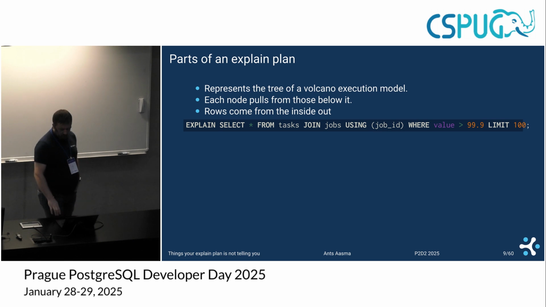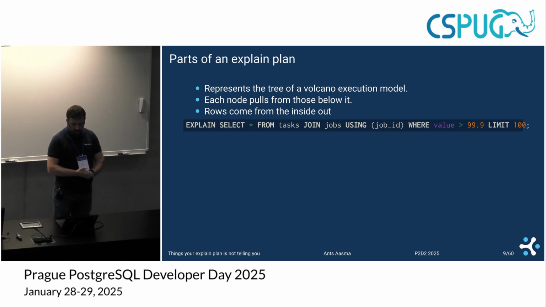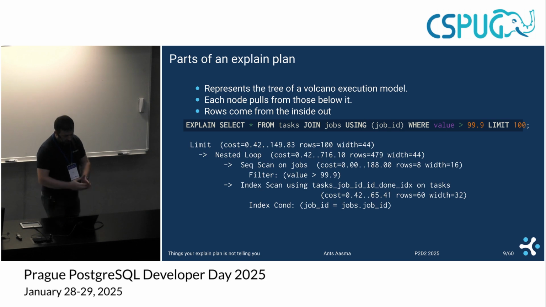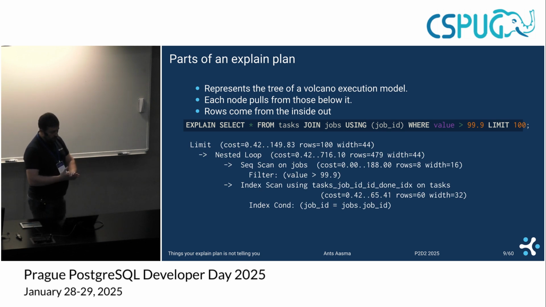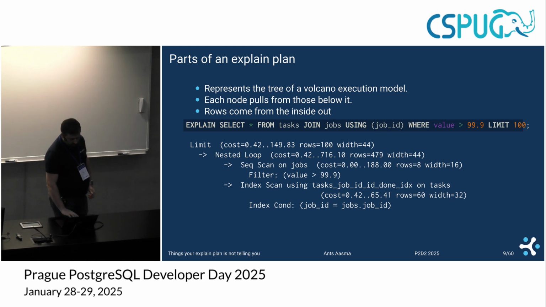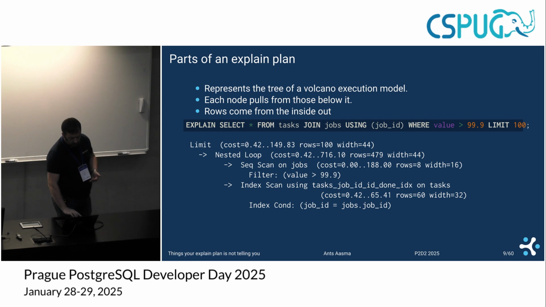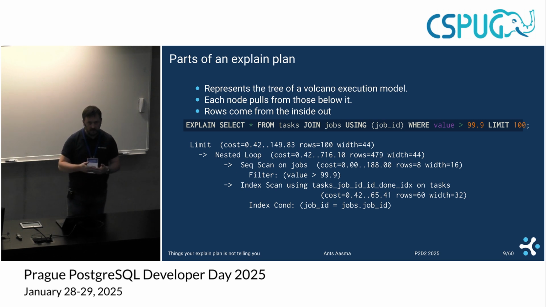Just to show you what it looks like, here we have a simple query. We are just joining a couple of tables, have a where clause and a limit there, and tell Postgres to explain it to us. It comes out with this type of structure, and you read it by going from the top down. When we start to read the data from this query, we first ask the topmost node, which is the limit node, to give me a row.